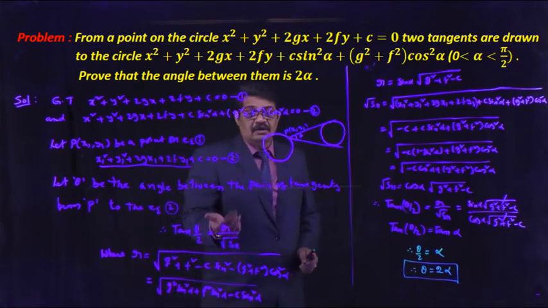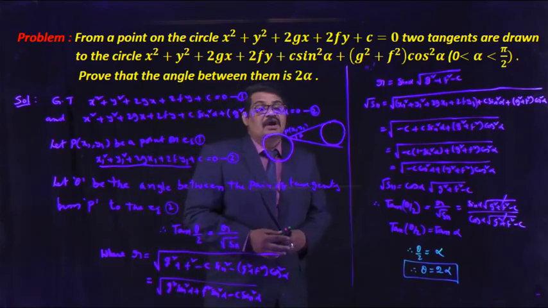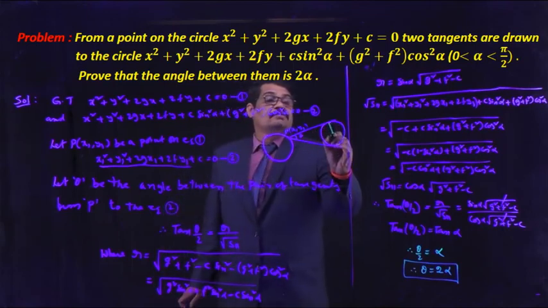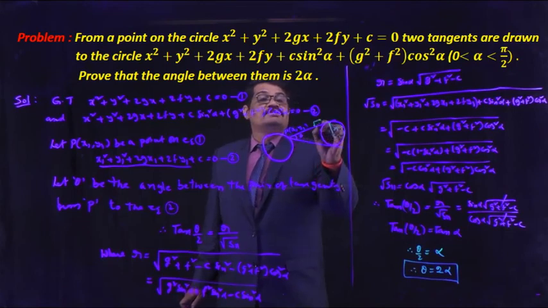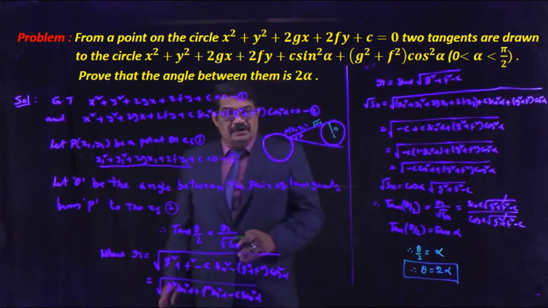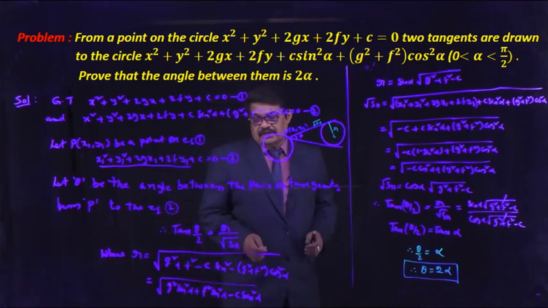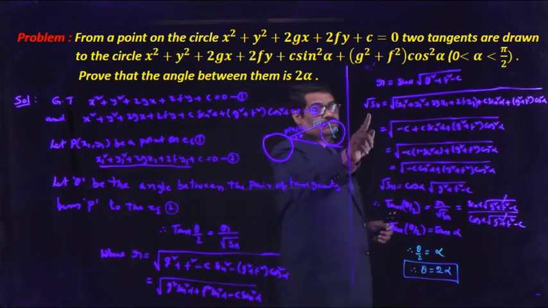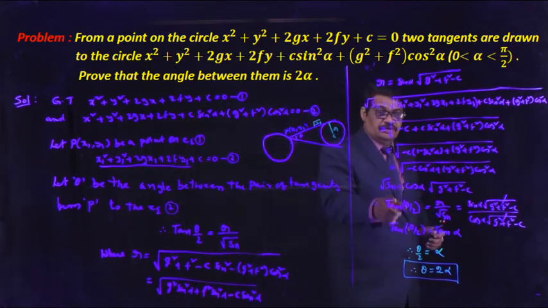Here r is the radius of the second circle, and root of s11 is the length of the tangent from P to the second circle. Now we have found the radius and the length of the tangent root of s11.